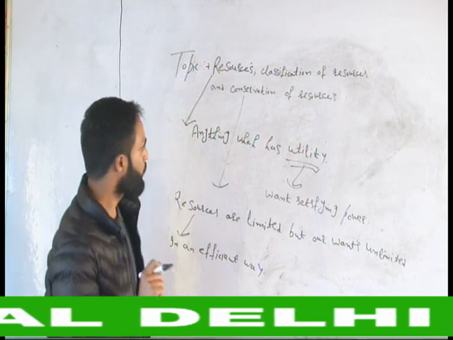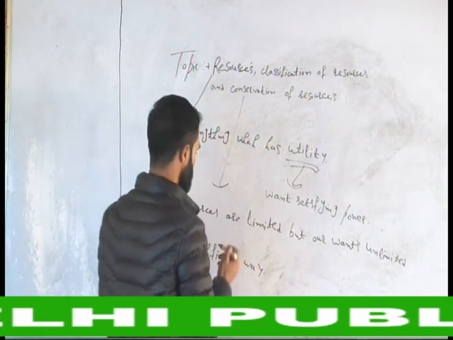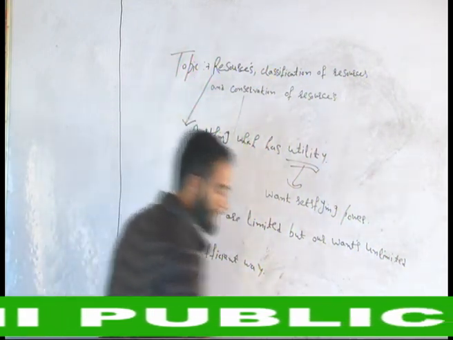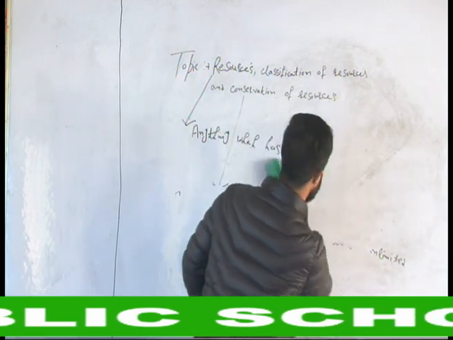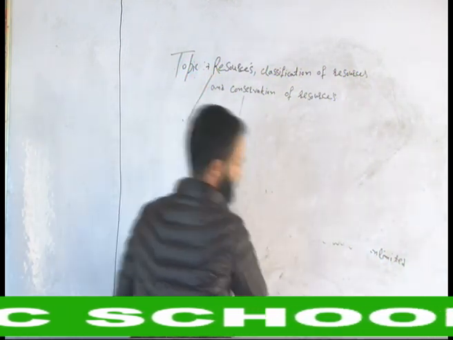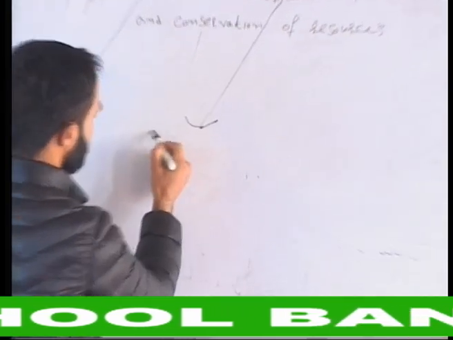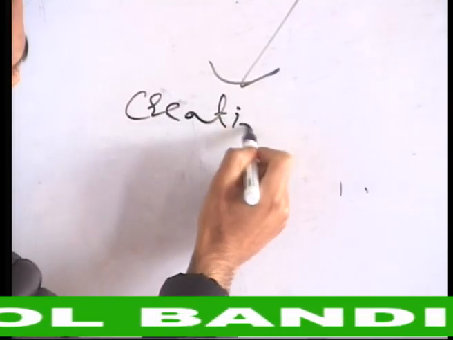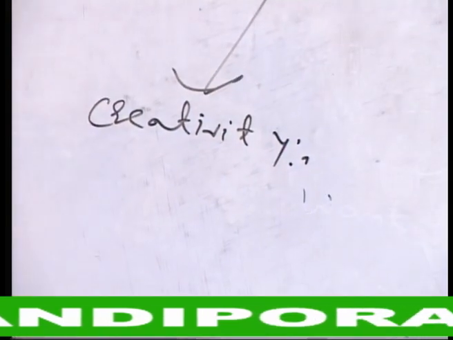Third is classification of resources. We can classify resources either by means of creativity or by means of availability. Classification of resources by means of creativity: resources are of two types.